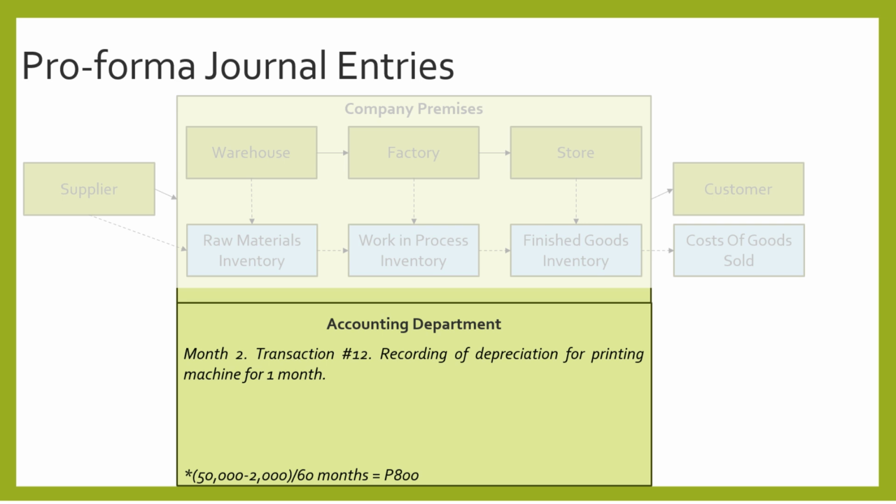Now that we have the amount to be recorded, what account titles should we use to record this transaction? For the account to be credited, we will make the same entry for depreciation as we do for service type or merchandising type businesses. Do you remember it now?